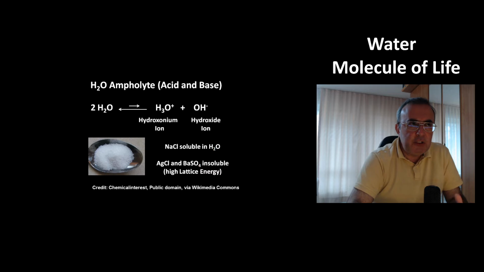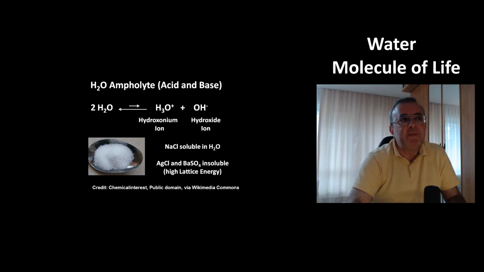That's another unique feature of water. It's an ampholyte. One water molecule can give a proton to another water molecule, and that gives you a hydroxonium ion and a hydroxide ion. And these arrows indicate there's just a little concentration of these ions, and this reaction is on the left side.